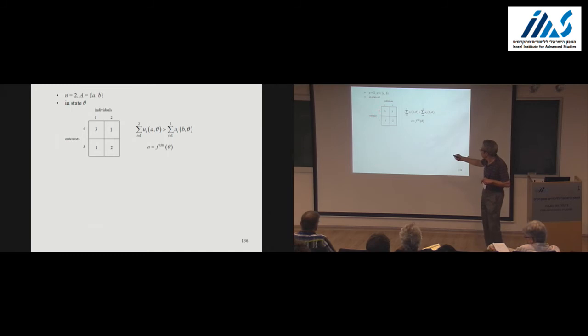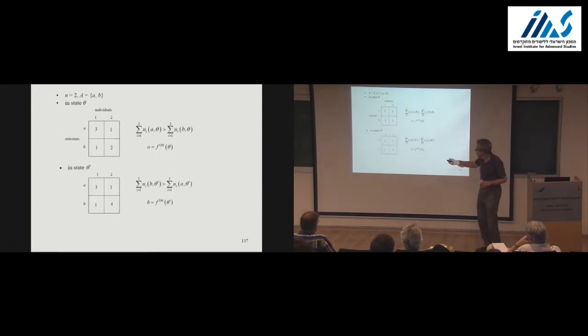So for outcome A, person 1 gets utility 3, person 2 gets utility 1, and similarly for outcome B. If you add up the utilities of A, 3 plus 1, you get 4, which is bigger than 1 plus 2. So in state theta, A is the utilitarian optimum.